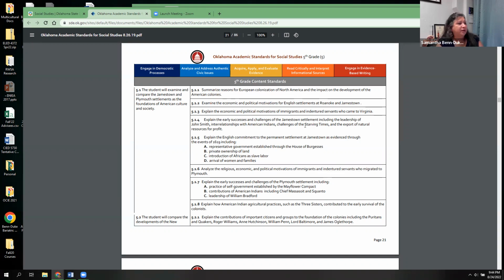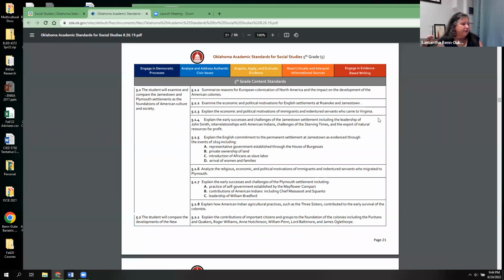It's just important that you understand what the difference is between these very broad ones and the ones that we use more specifically in writing lesson plans. For example, look at 5.1.3. Explain the economic and political motivations of immigrants and indentured servants who came to Virginia.